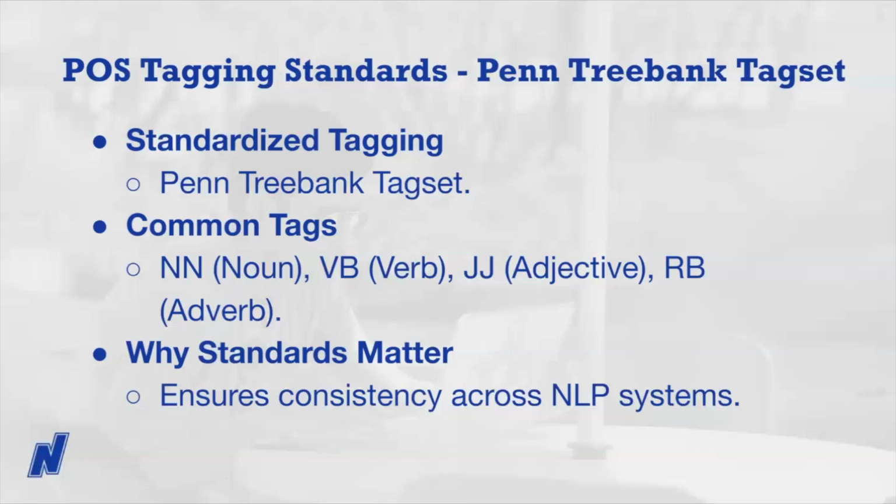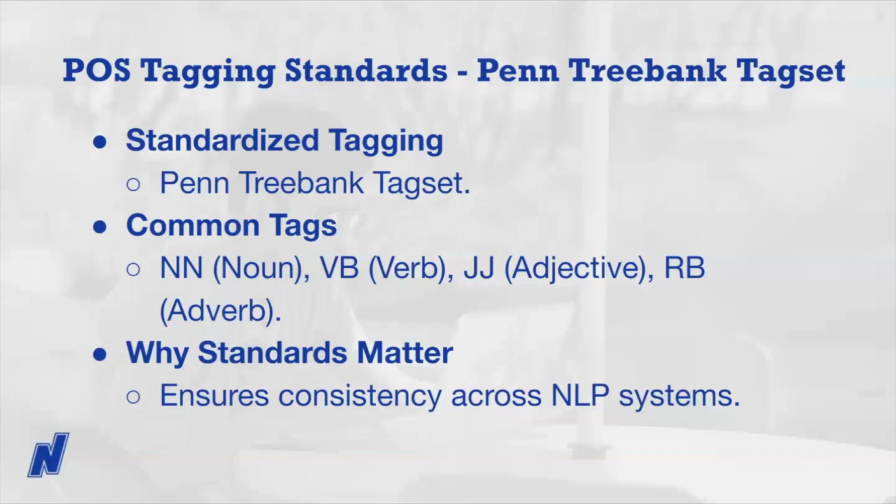This is a standard within POS tagging that assigns a specific label to each word in a sentence, depending on its role. It's also one of the most commonly used tagsets in NLP because it provides a comprehensive range of parts of speech and grammatical notes.